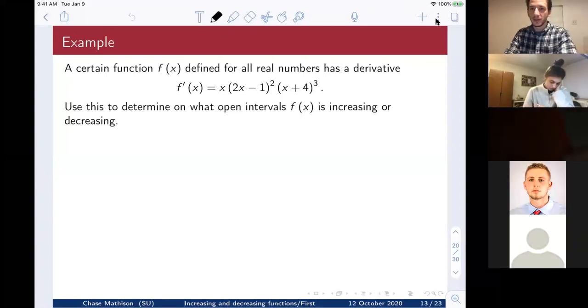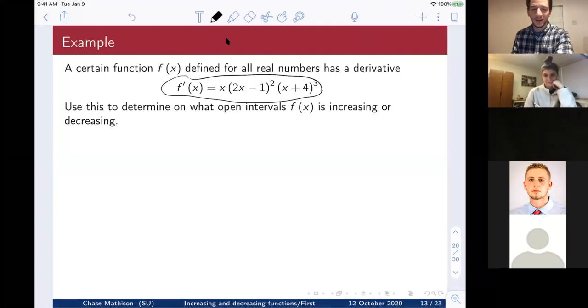What do we think? Do I need to take the derivative of this and set that equal to 0? Or is my tone telling you that there's a trick to this problem?